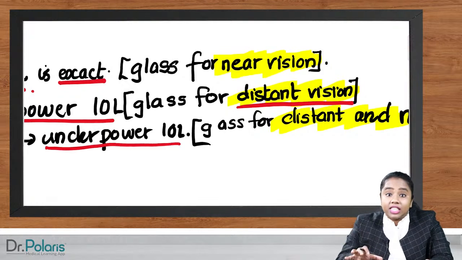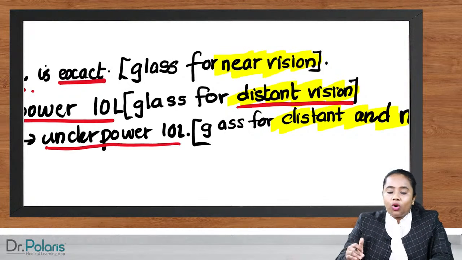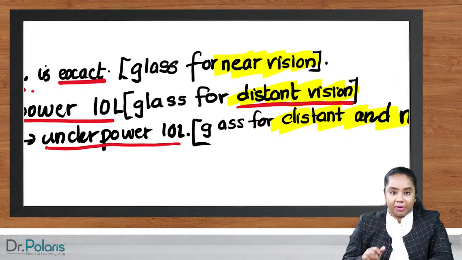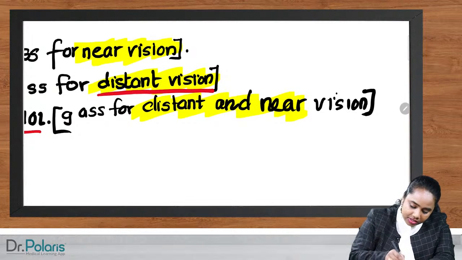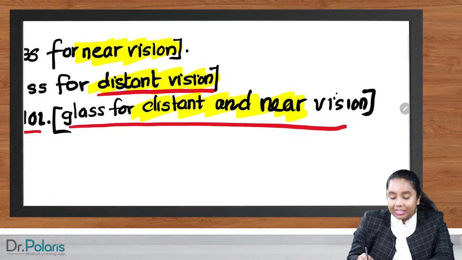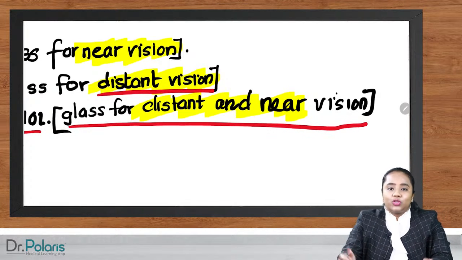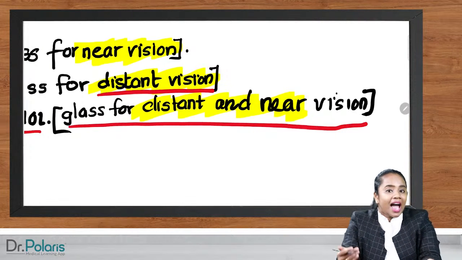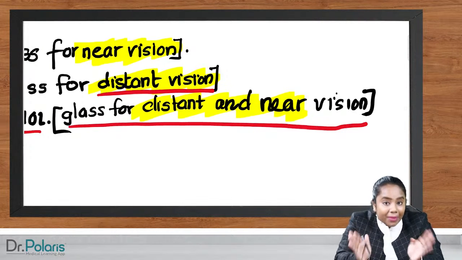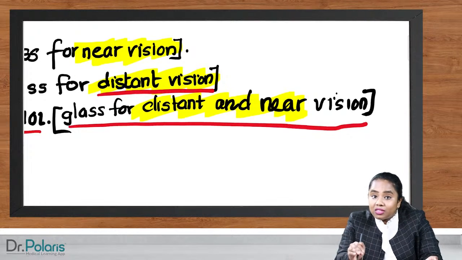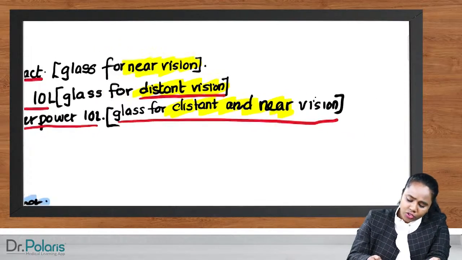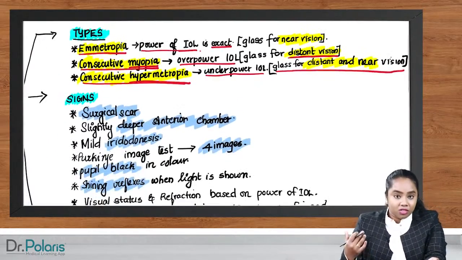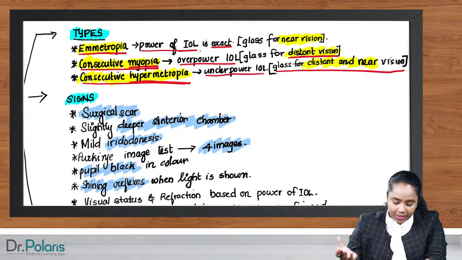Now, in case of hypermetropia, the patient requires glasses for both distant as well as near vision. So you require glasses for both near and distant vision in hypermetropia, and glasses for distant vision in consecutive myopia. That is how the types and the treatment required for each are classified.